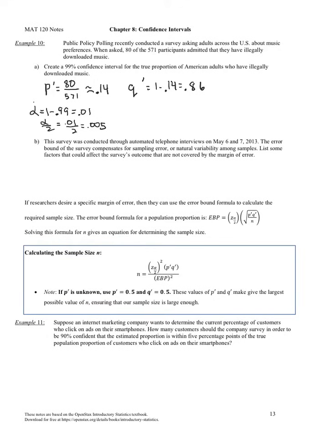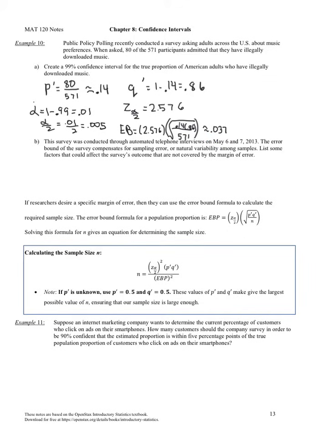Now, using my inverse norm, we're going to get our z to equal about 2.576. And using the formula for our error bound, or margin of error, we'll get about 0.037.